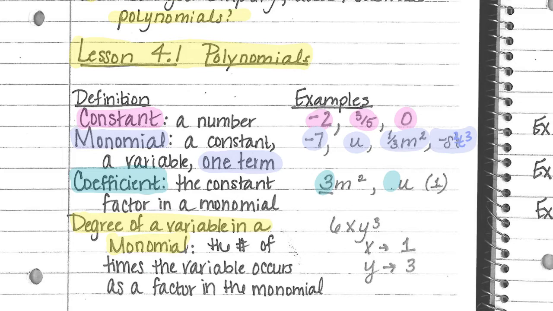So let's look at this one right here, 6x to the first y cubed. So when I take 1 plus 3, I know that the degree of this whole thing right here is 4. Now that's going to change when you have a trinomial or a polynomial.